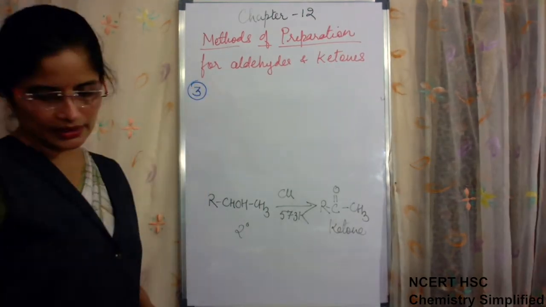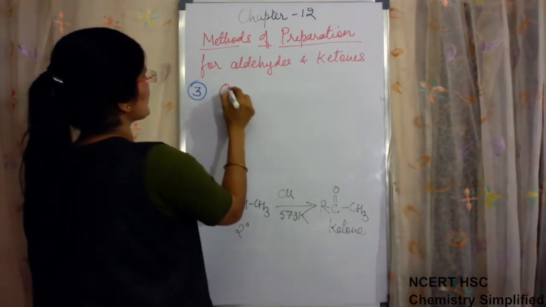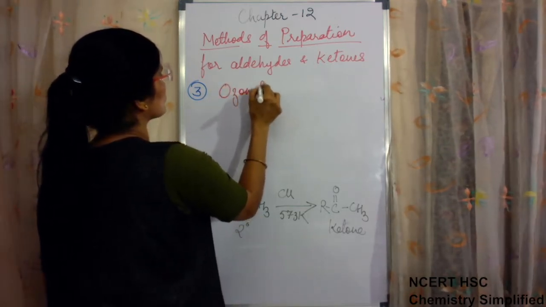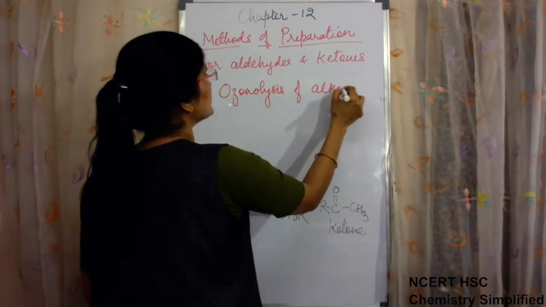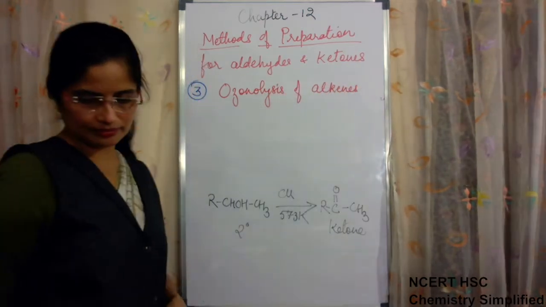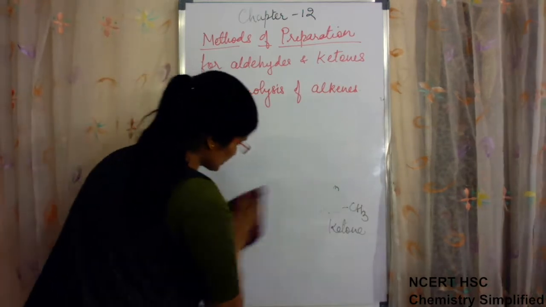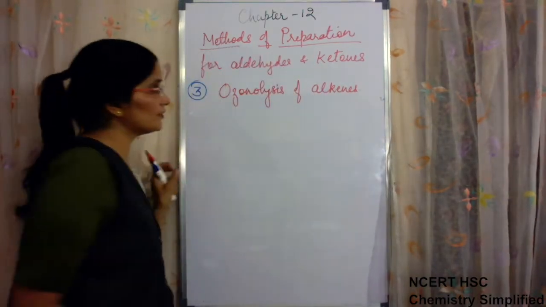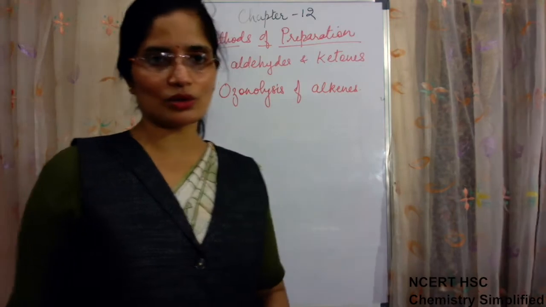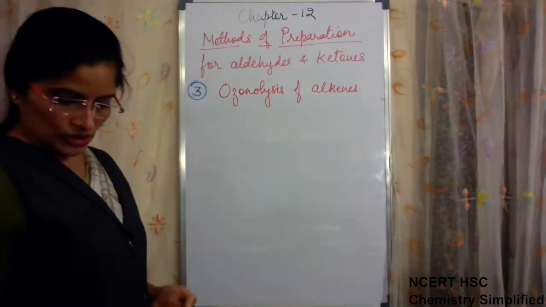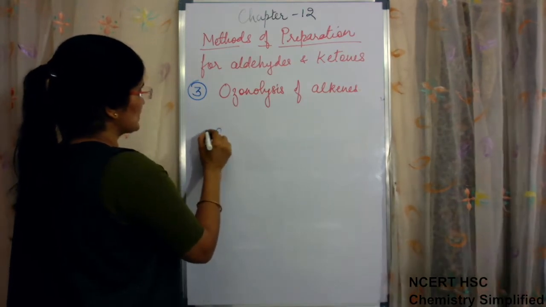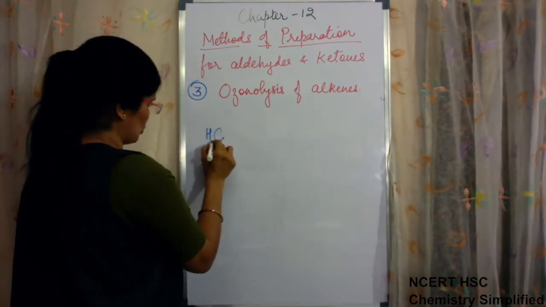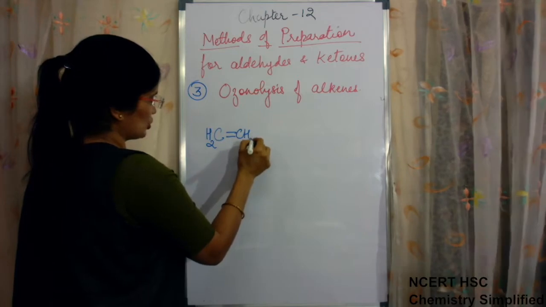The third method is ozonolysis of alkenes. This method was done by us in class 11th when we were doing chemical properties of alkenes. So what happens in this reaction? A simple alkene is taken, CH2 double bond CH2.